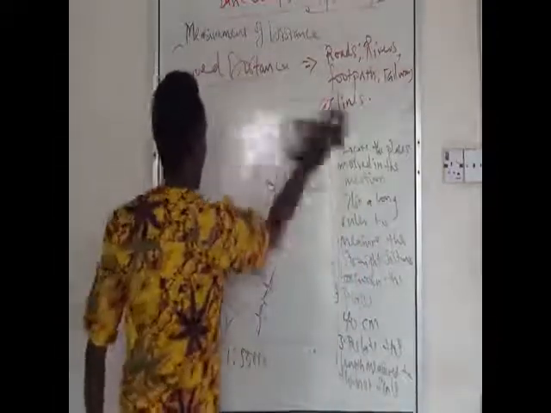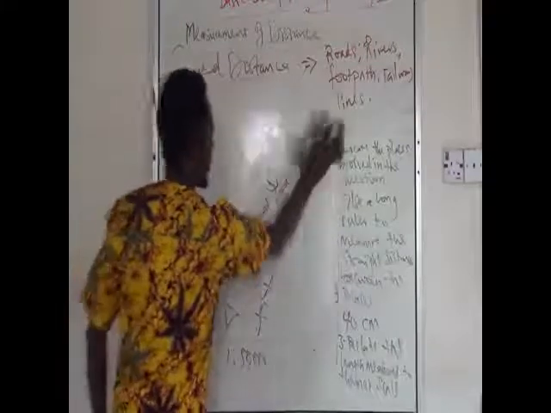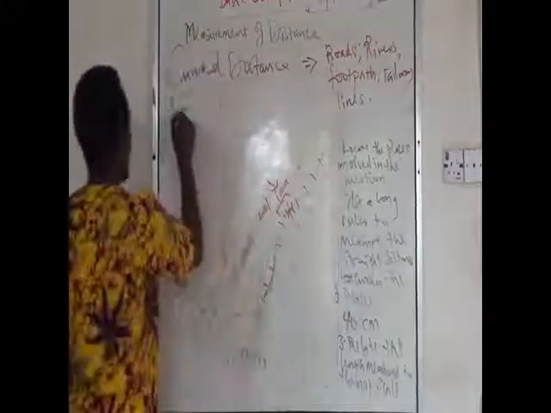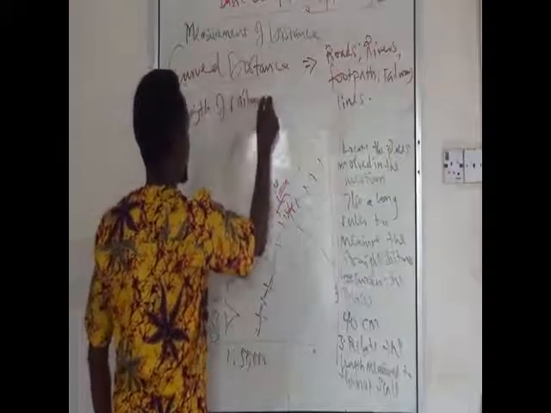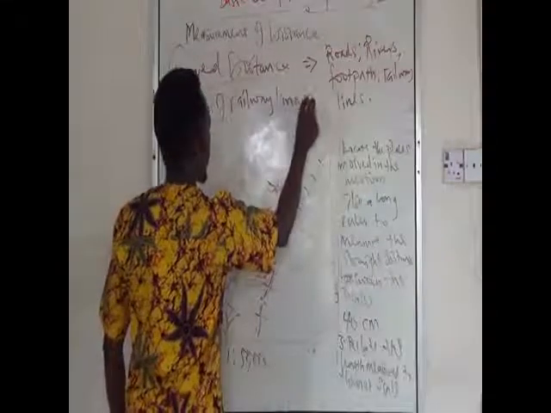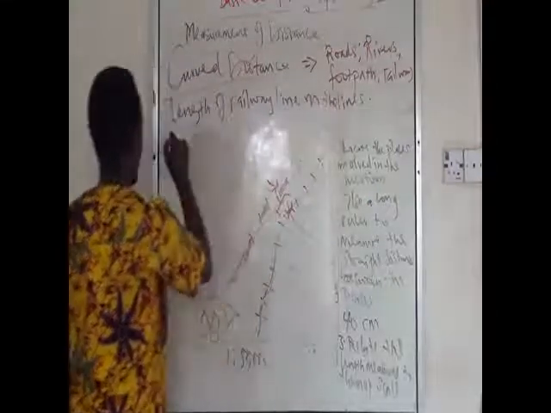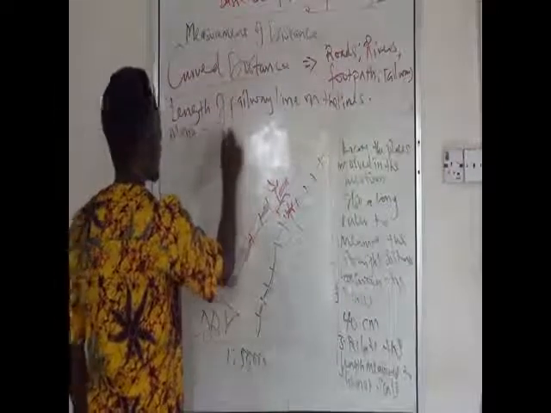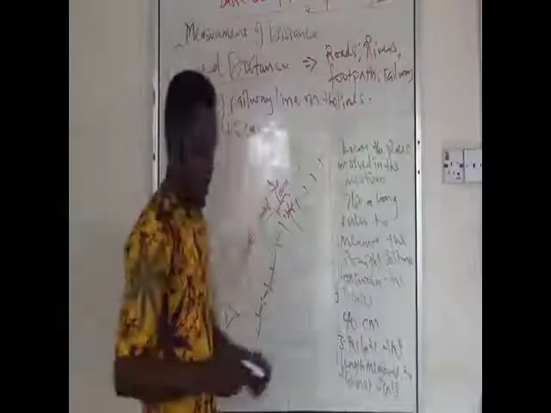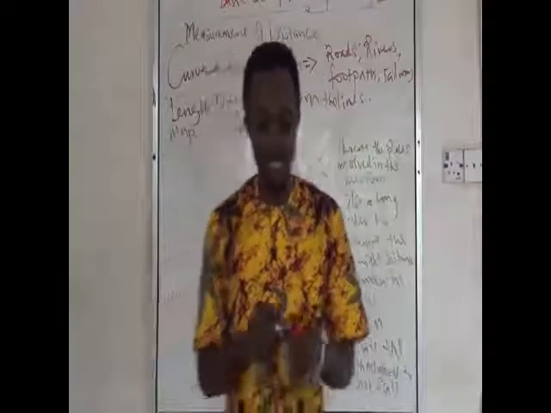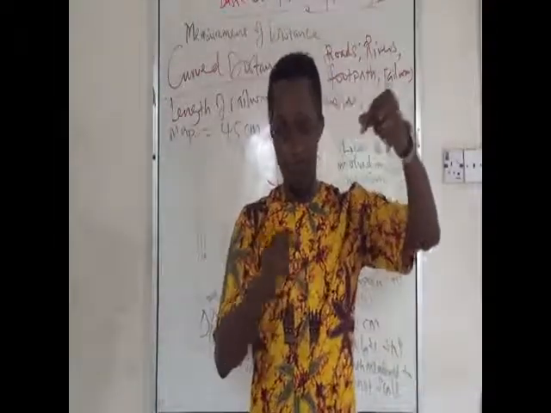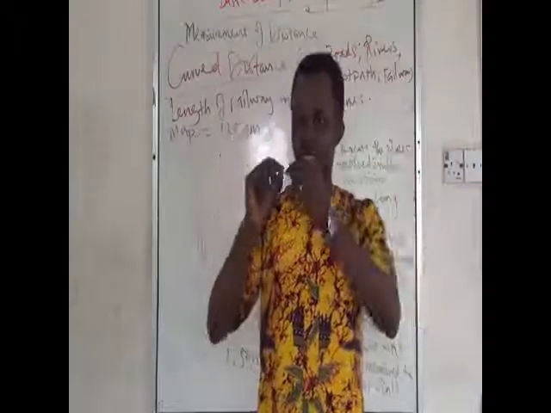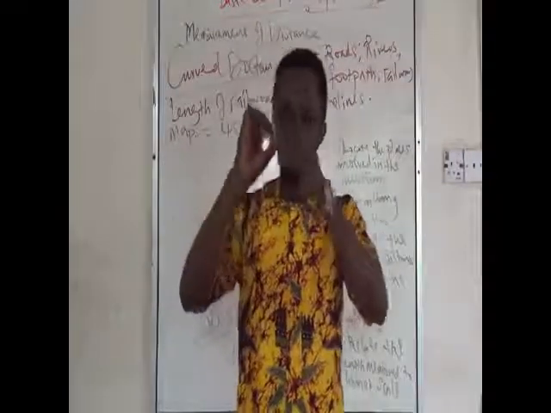Length of railway line on the map: 45 centimeters. I'm sure you know how we got that. So we use our thread. I recommend white so that you can always mark and you see where you mark.